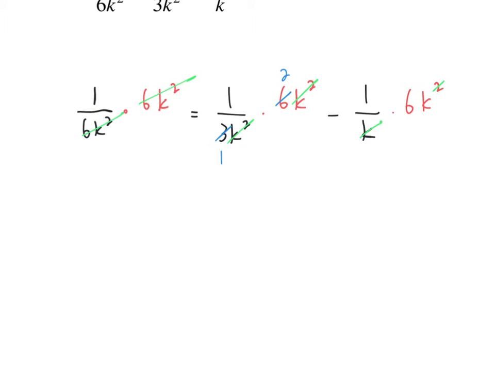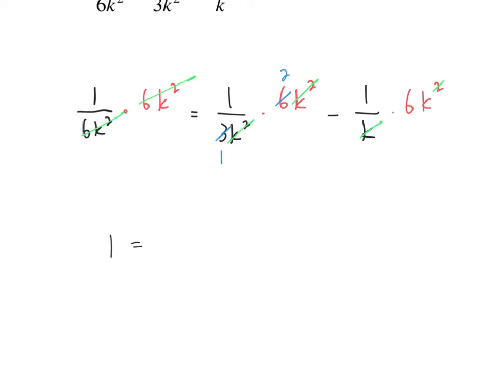Now you're just going to rewrite everything that's left, multiplied together in each of the 3 sets of terms multiplied by the LCD. The only thing left here is a 1. And then carry over that equal sign.